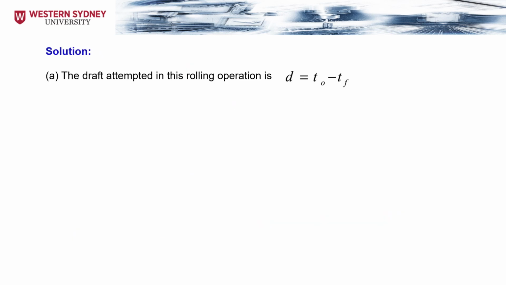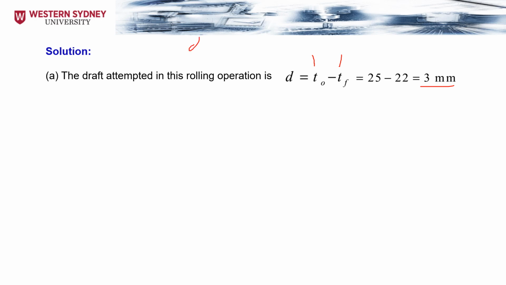First thing we're going to do is find the value for the d. We know this one is 25, this one is 22, so the draft is equal to 3 millimeters. Now I want to find the maximum draft.